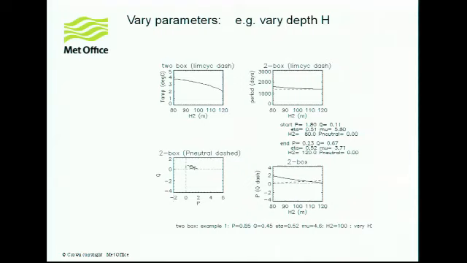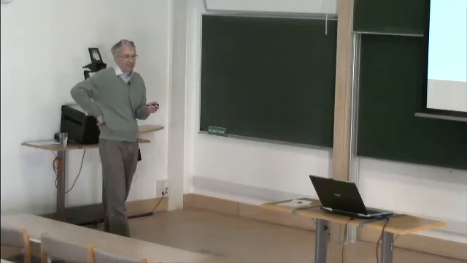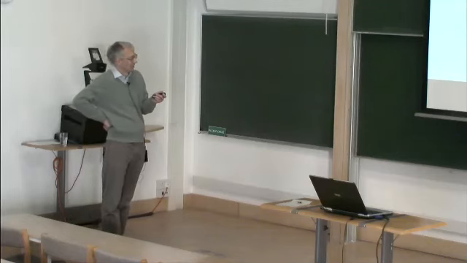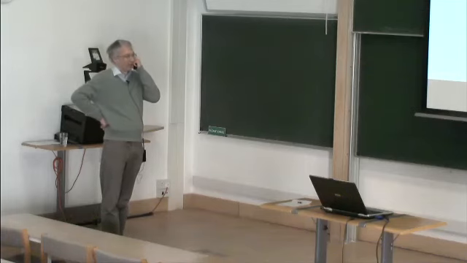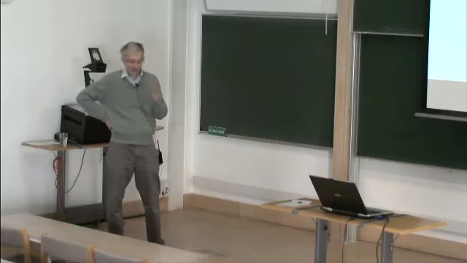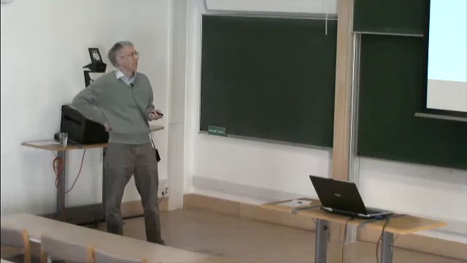Here's the amplitude of my ENSO again. If I make the thermocline shallower, I tend to get a slightly larger ENSO, much the same period in this case. Not very sensitive actually to the depth of the thermocline. If I vary over a reasonable range of values, I don't actually move very far on this regime diagram. The model seems much more sensitive to other parameters than it does to the actual thermocline depth.